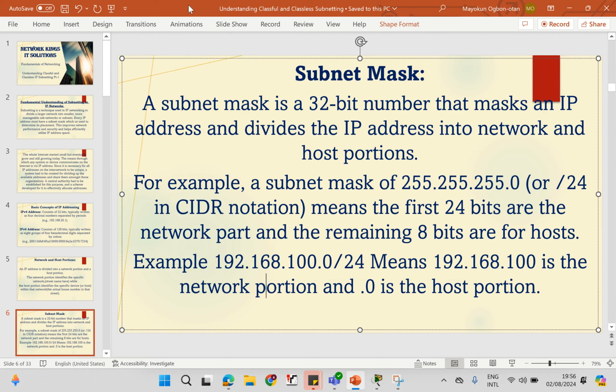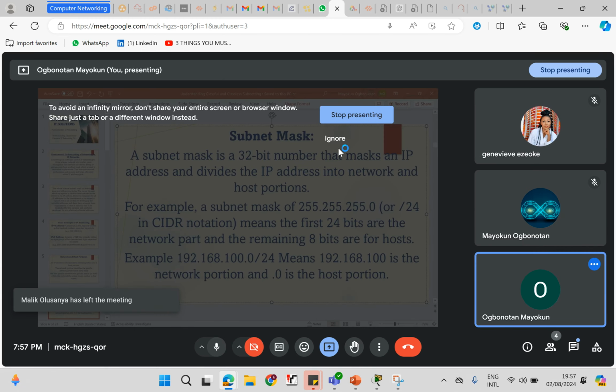Can you see my screen, please? Hello? Yeah. Can you see my screen? Yes, but what I'm seeing is just network and host portions. Okay. I will stop sharing and share again, because I'm already on subnet mask. Just give it a moment.